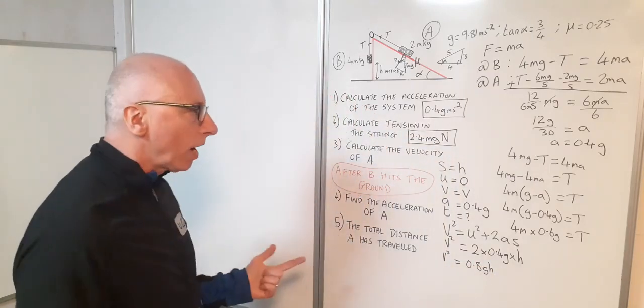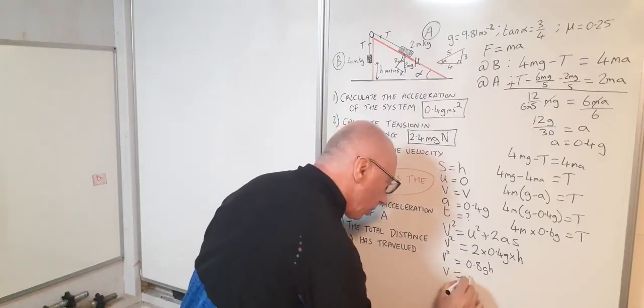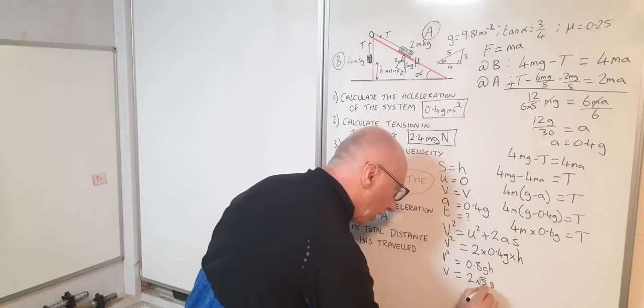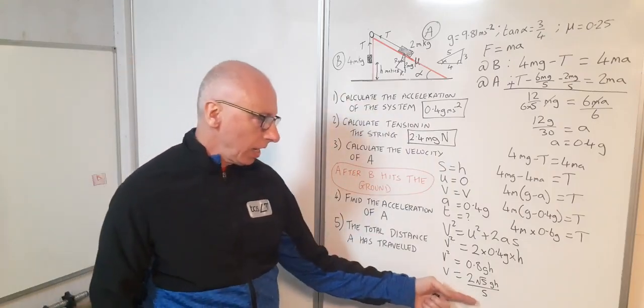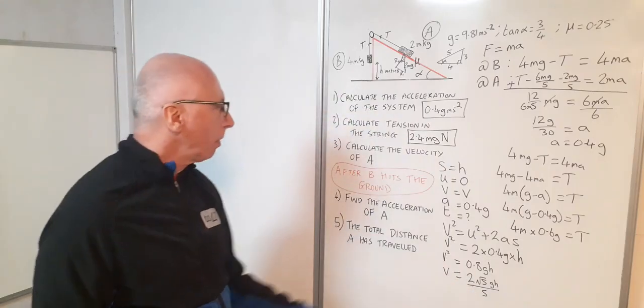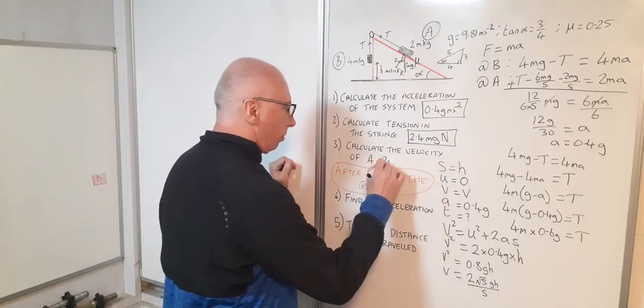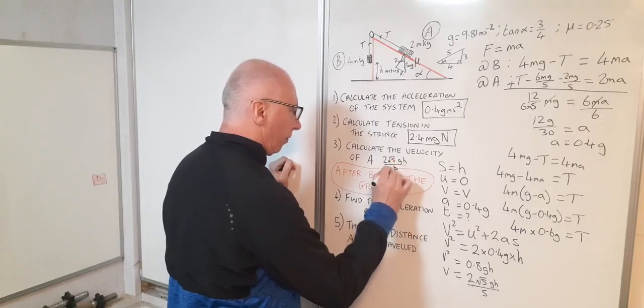So now if I take the square root of that, I can get v equals 2 root 5 gh over 5. That would give me my v on its own in sort of surd format. So that's my velocity. So I've got 2 root 5 gh all over 5.